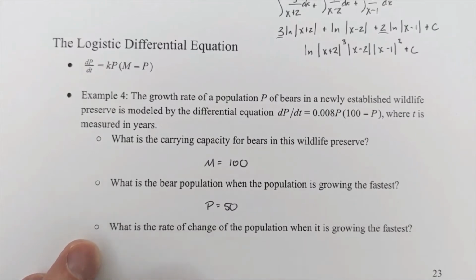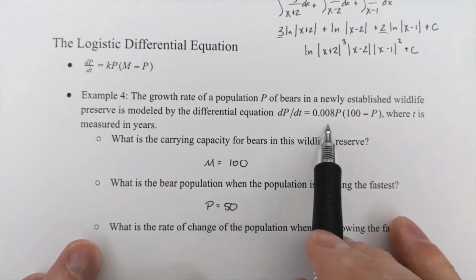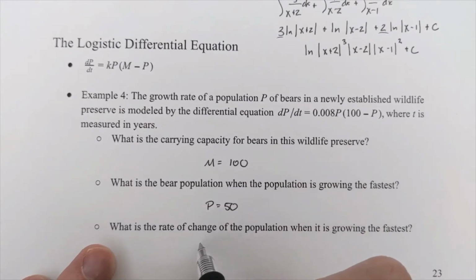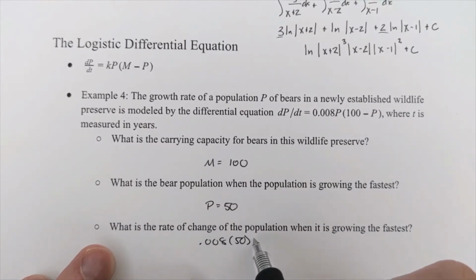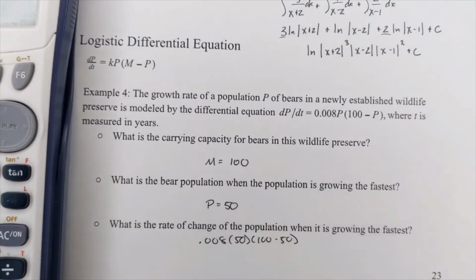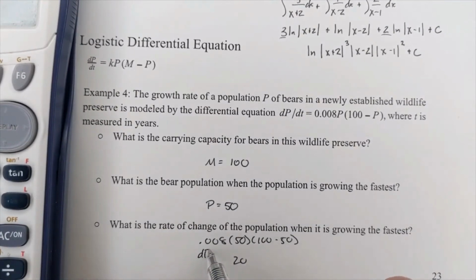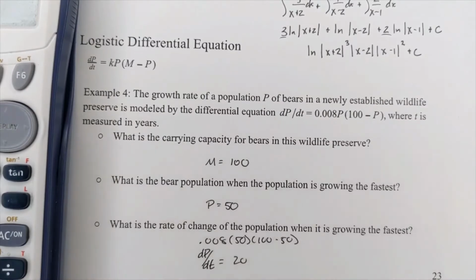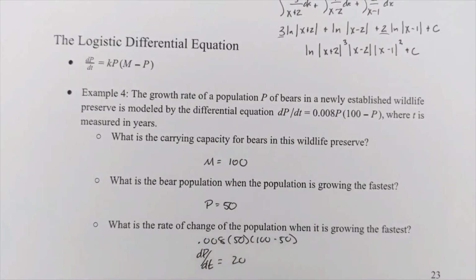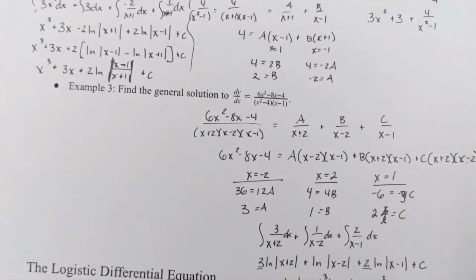Oh, yeah, there's my formula. So P goes in for that, so 0.008 times 50 times 100 minus 50. 0.008 times 50 is 20. So dP/dt is equal to 20. So when the population is growing the fastest, there are 20 new bears that year.